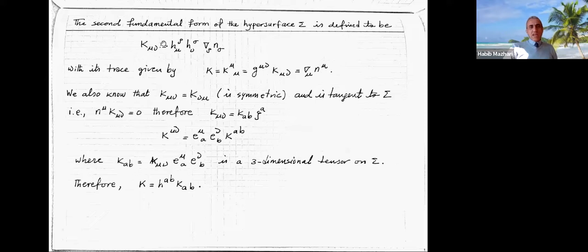In the same way, K mu nu, the second fundamental form, is defined as you see here. This H mu nu is the mixed form of the tensor H mu nu. So then it is not delta mu nu, because some students think it should be delta mu nu, because it's our induced metric, but it is not the induced metric actually.